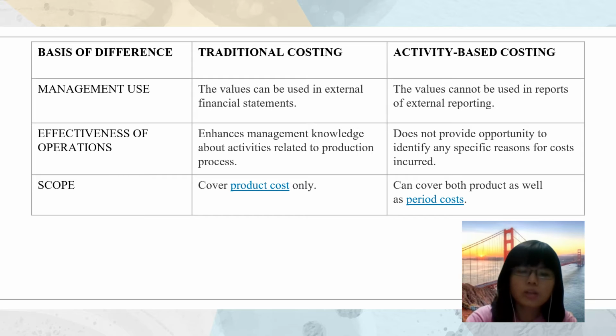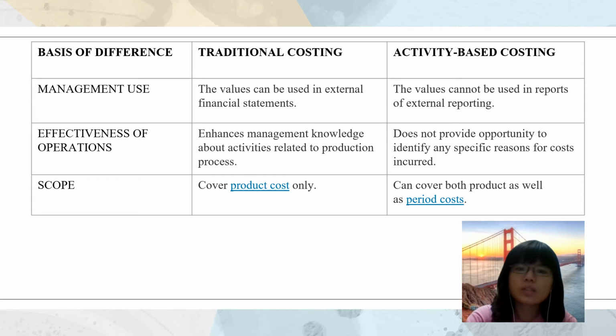This is because management of a company needs to investigate deeply into production activities and related costs. This highlights the reasons for certain costs being incurred, which can ultimately help control and manage these costs. Traditional costing does not compel management to look for different cost centers, and so it becomes difficult for management to gather incremental data about production activities.